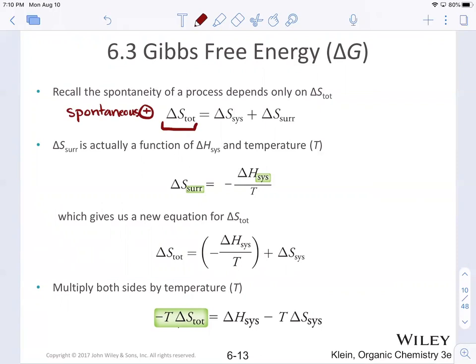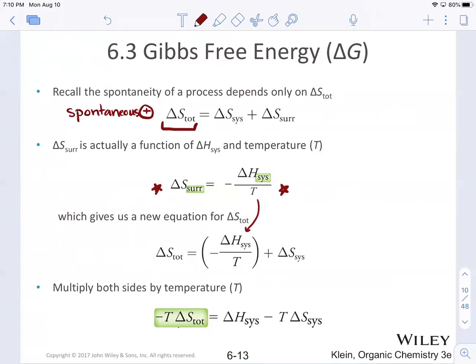Delta S of the surroundings is actually a function of delta H of the system and temperature. This is where it gets a little weird with our derivations. But if we know that delta S of the surroundings is, by definition, the negative delta H of the system, the enthalpy of the system over temperature, we can plug that into the delta S total equation, right?